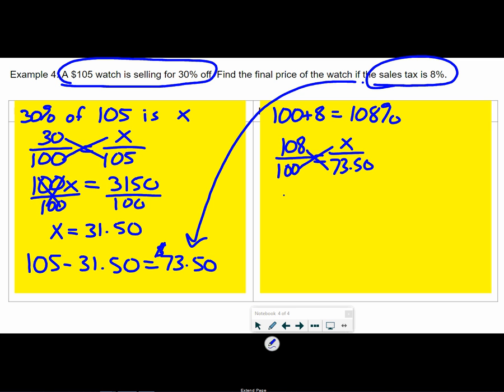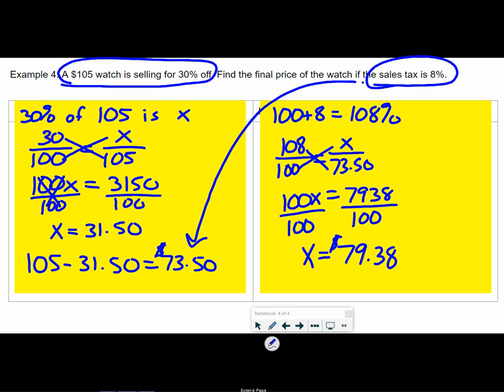Cross multiply, 100X equals 7,938. Divide by 100. I get X equals $79.38. So that is my final price.